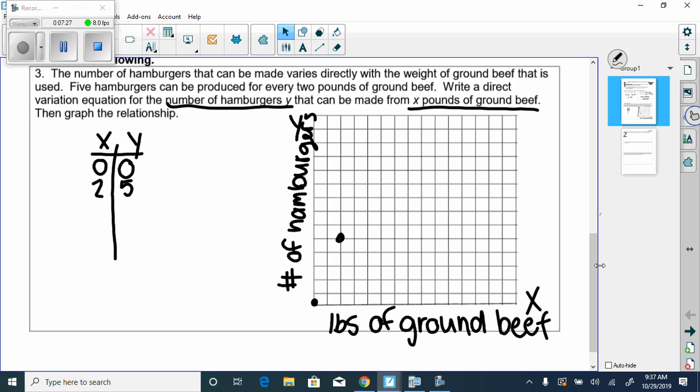Right? And that should be our constant, right? Every time I add 2 pounds of meat, I make 5 more patties. Here's our graph.